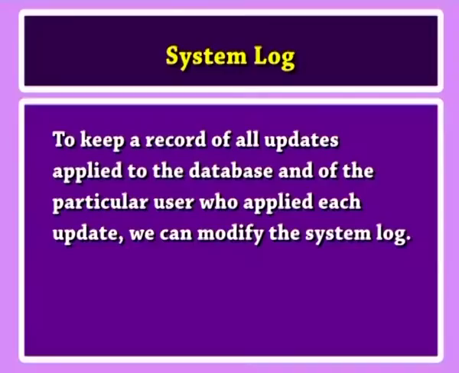It is particularly important to keep track of update operations that are applied to the database, so that if the database is tampered with, the DBA can find out which user did the tampering. To keep a record of all updates applied to the database and of the particular user who applied each update, we can modify the system log.